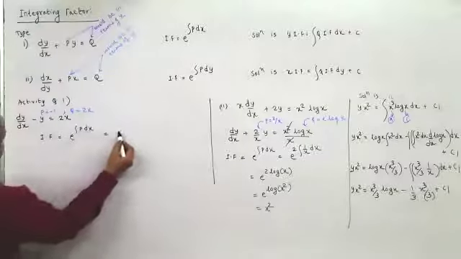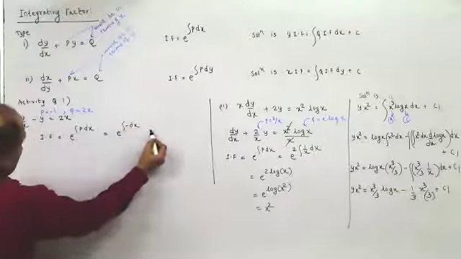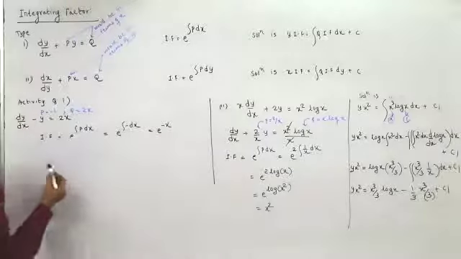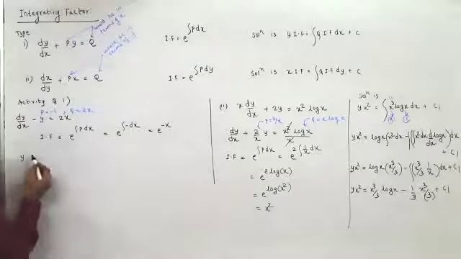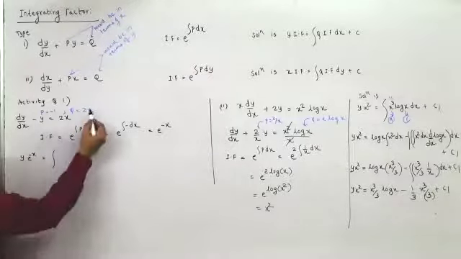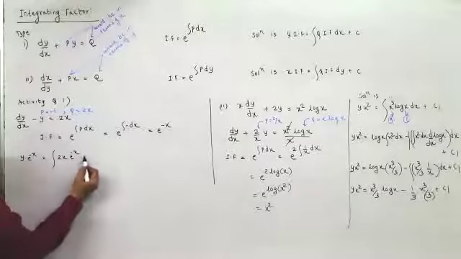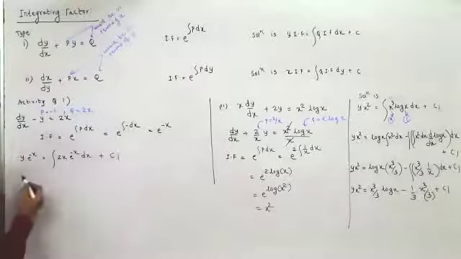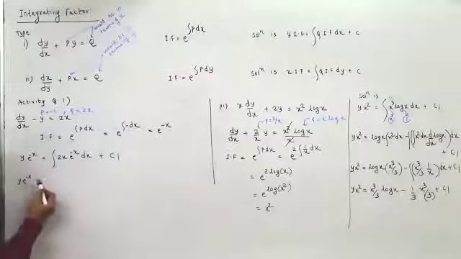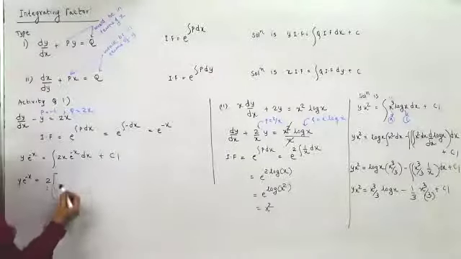So it is e raised to the integral of minus dx. So it is e raised to minus x. Now y into integration factor, that is e raised to minus x, equal to integration of q into integration factor dx plus constant. Y into e raised to minus x equal to 2 outside, x e raised to minus x.